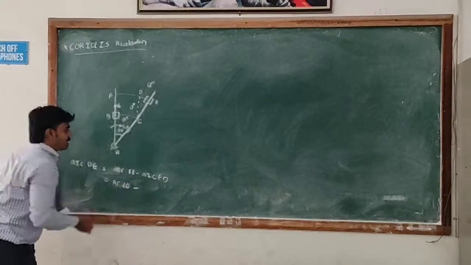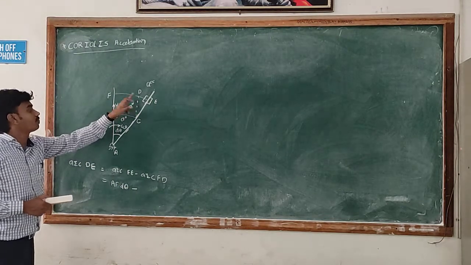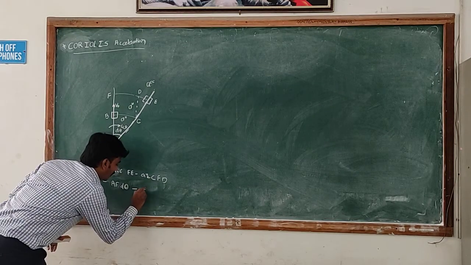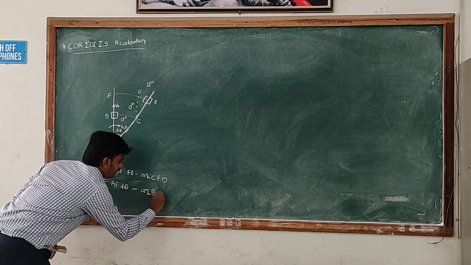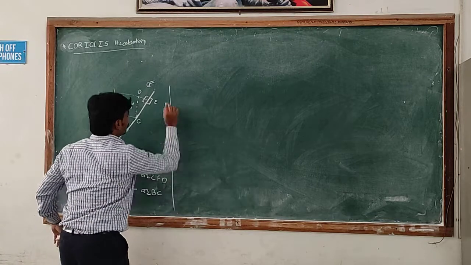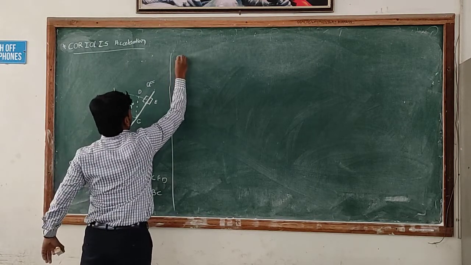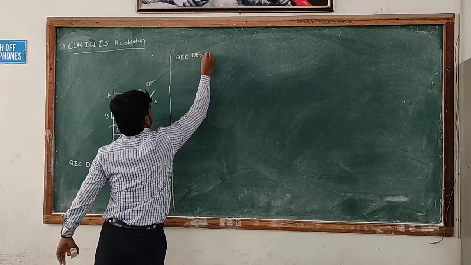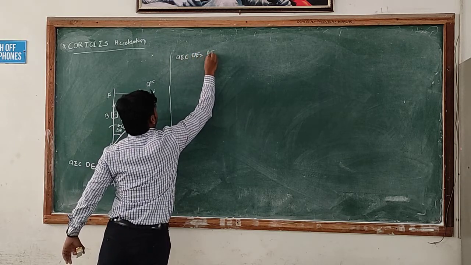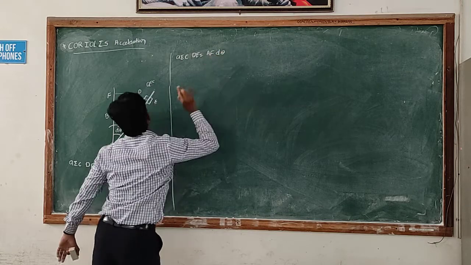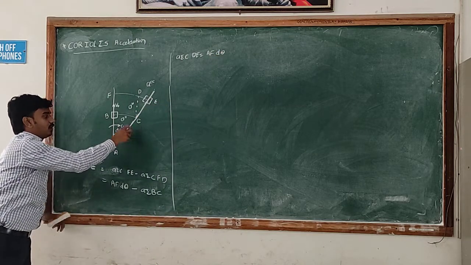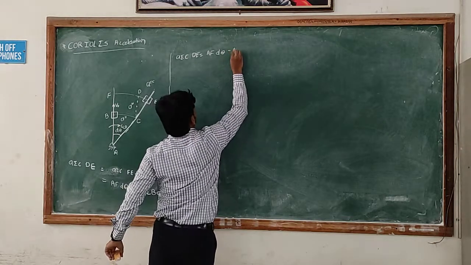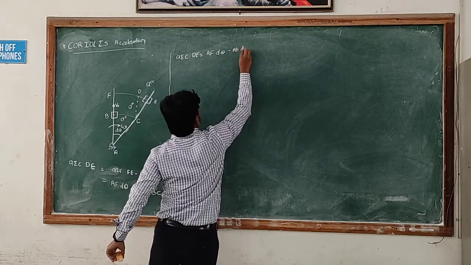Similarly, FD is equal to BC, which is AB into d theta. Therefore DE is equal to AF into d theta minus AB into d theta.